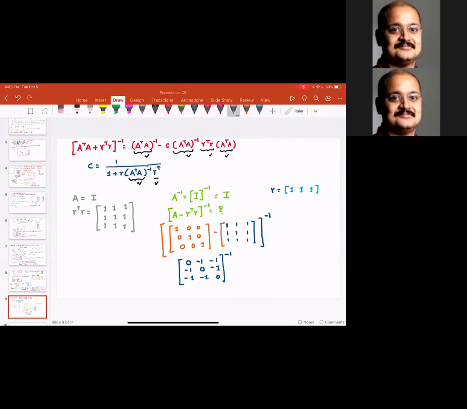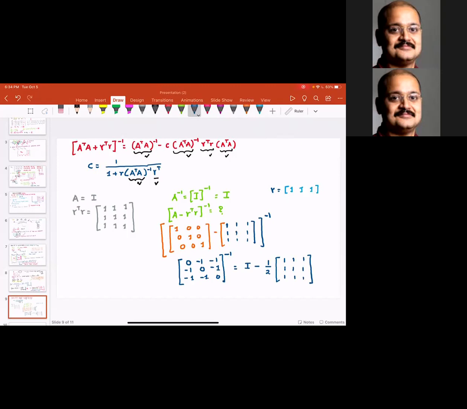Once you put in the value of A as identity and substitute the value of R, you will notice that this inverse is given as I minus 1/2 times the matrix of all ones. So we don't have to do any numerical computation or inversions.